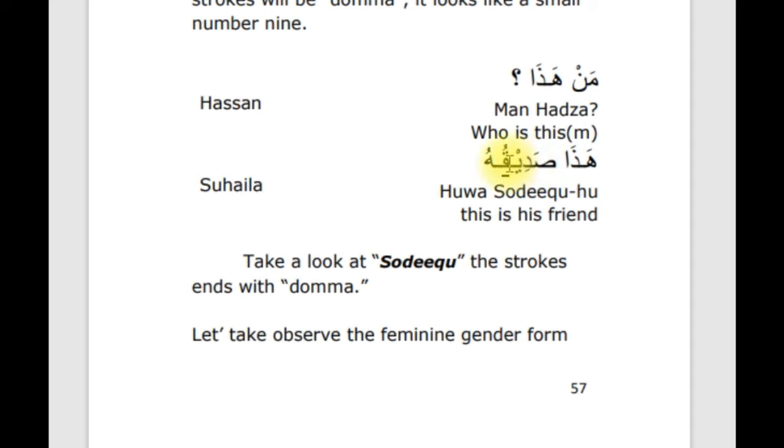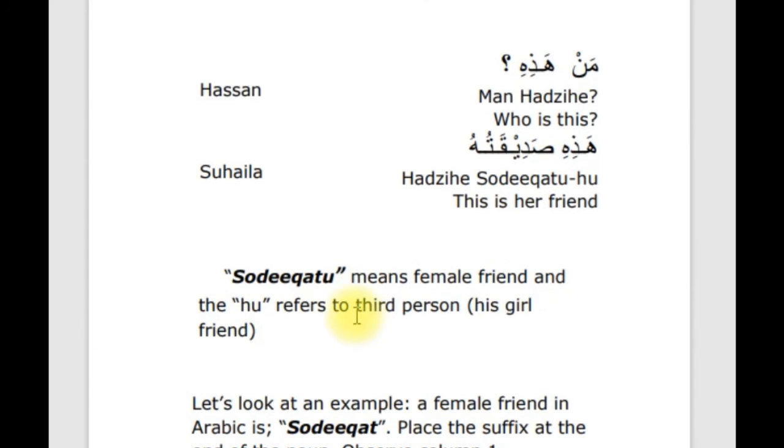Haza sadiquhu. So the word sadiq, you have to put a dhamma there because it is a subject. Haza sadiquhu. Take a look at the word sadiq. The stroke ends with dhamma. Look at the stroke here in front. This is a dhamma.